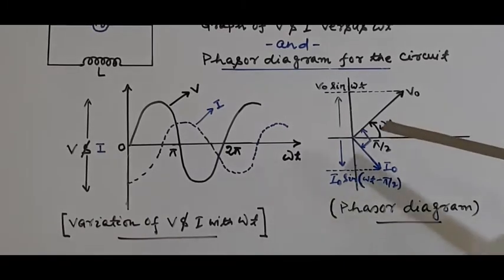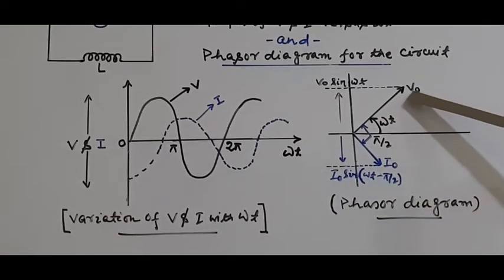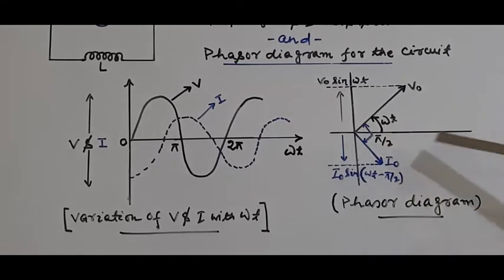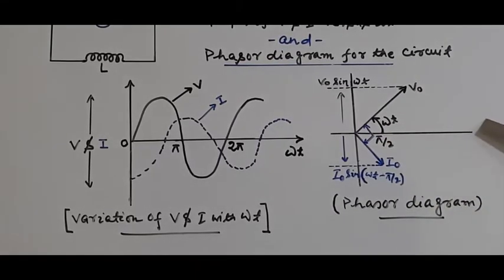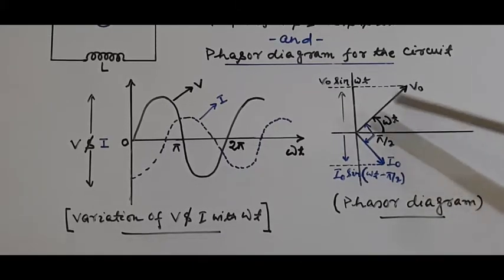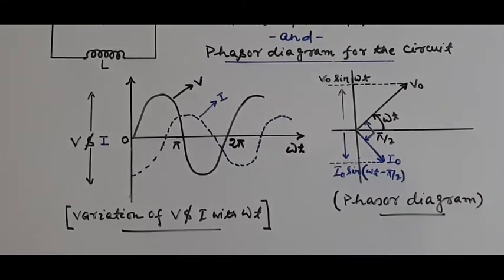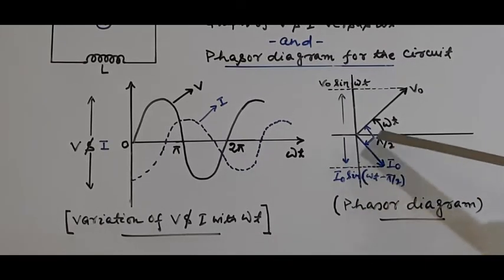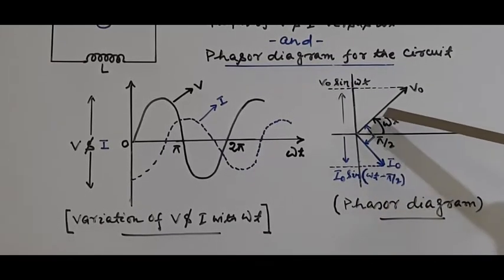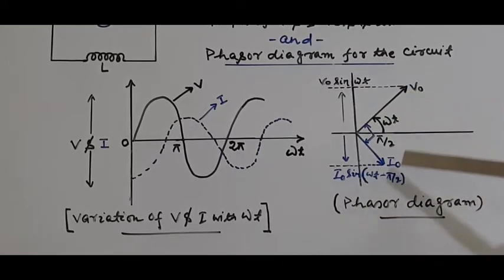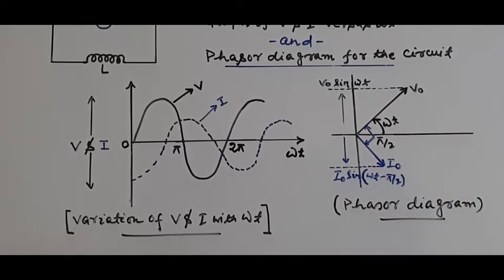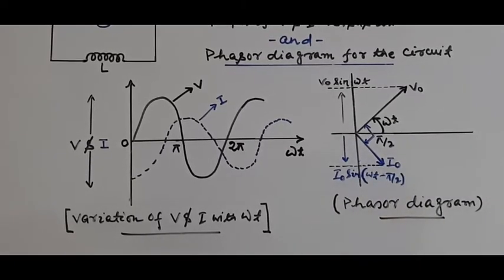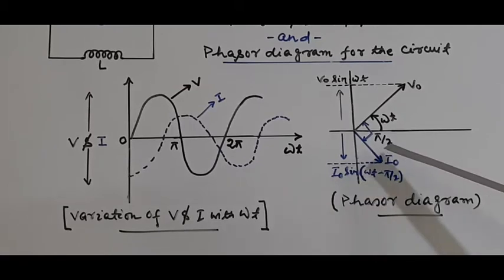So look, this phasor of voltage makes an angle omega t with this x-axis in the anti-clockwise direction, and the phasor of current, this line, makes an angle pi by 2 with the phasor of voltage in the clockwise direction. So with this figure it is also clear that the current lags behind the voltage by angle pi by 2.